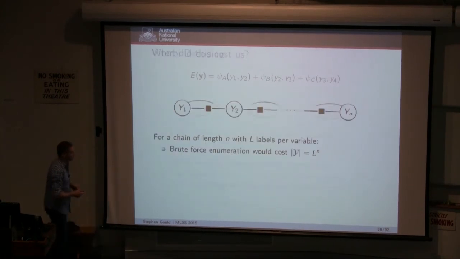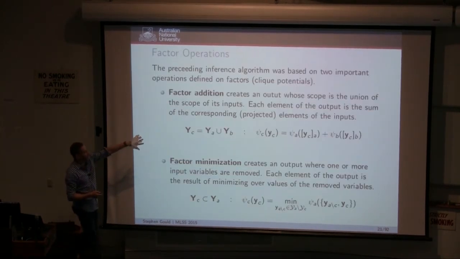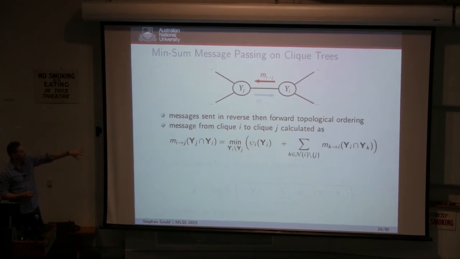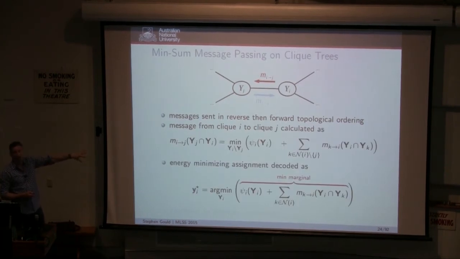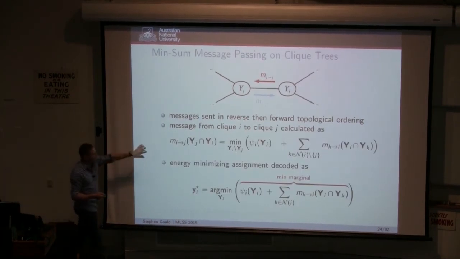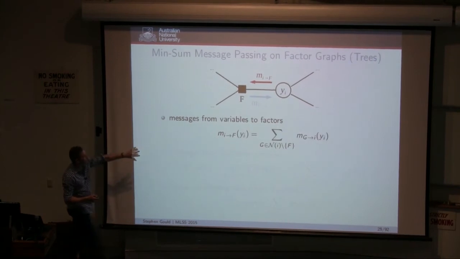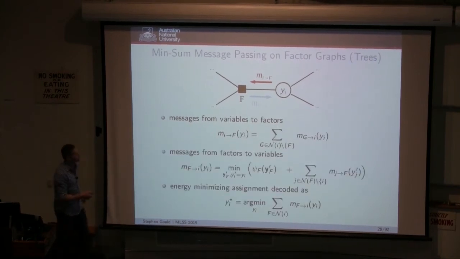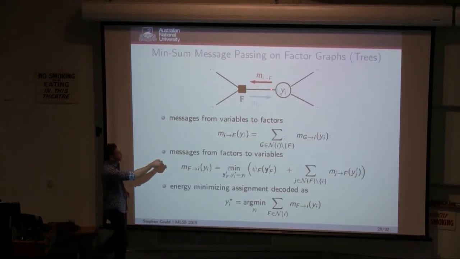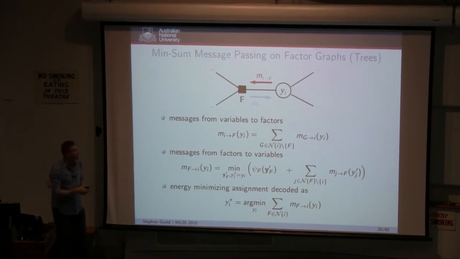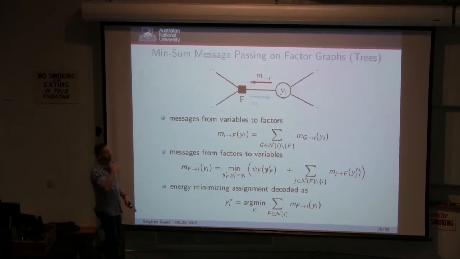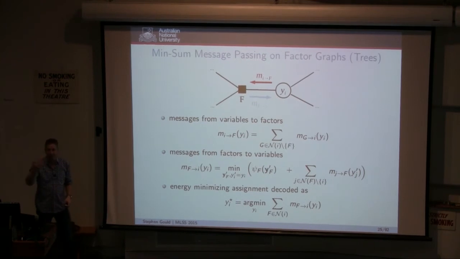And it turns out that what works on a chain also works on a clique tree. And you can then do the exact same algorithm on a factor graph, where now instead of sending messages between cliques in a clique tree, you're sending messages between nodes and factors, right? And between factors and nodes.